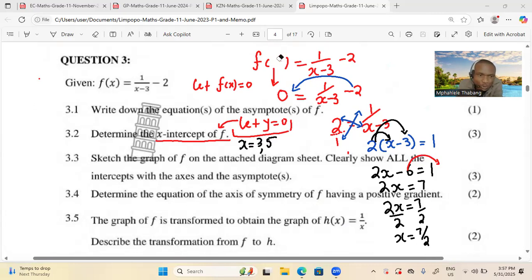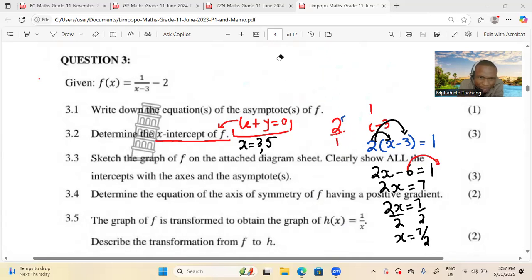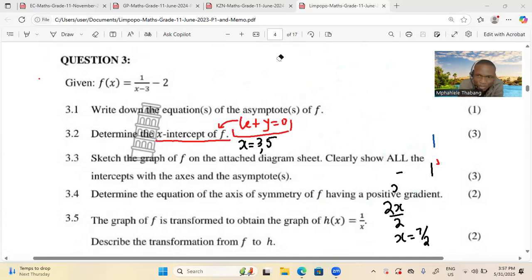I found the equation of the asymptotes on 3.1. I found the x-intercept on 3.2. Let me go to 3.3 where they say sketch the graph of f.